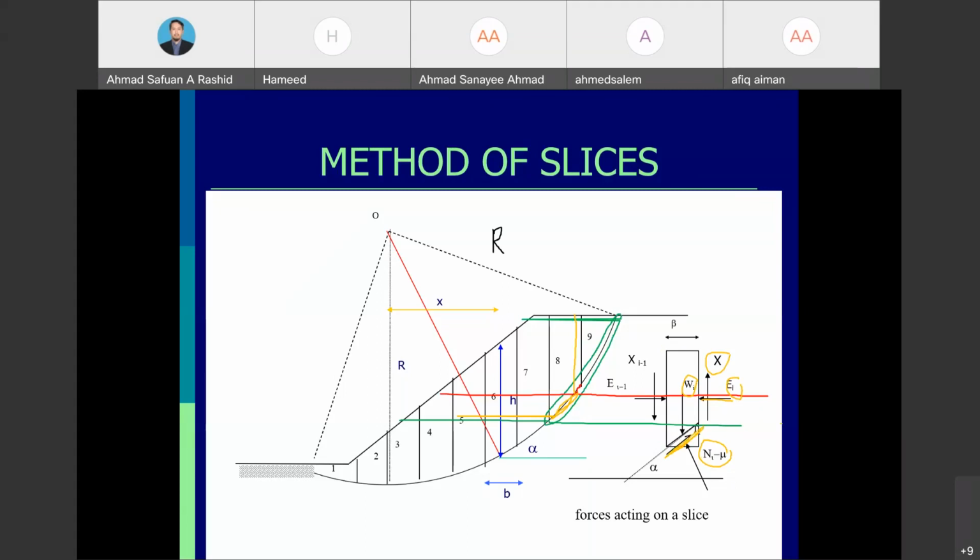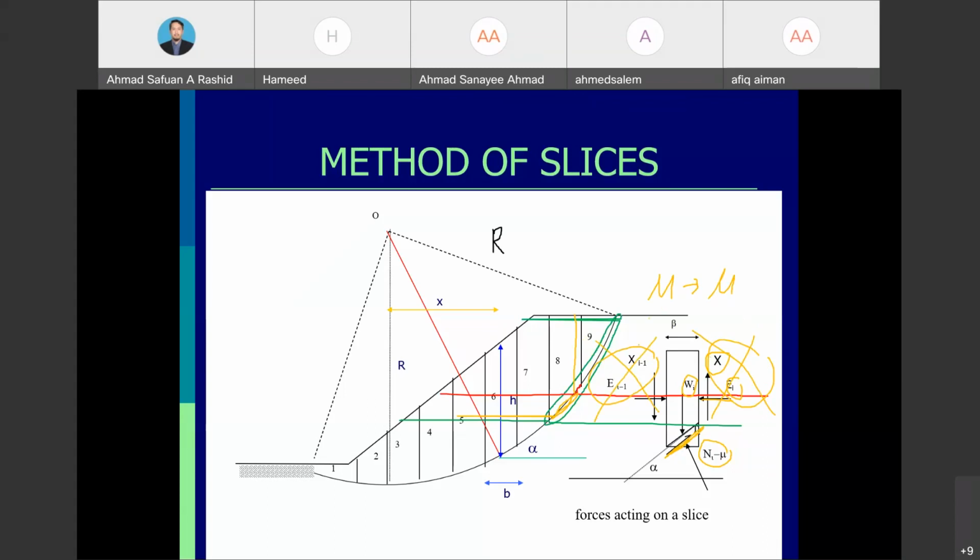Actually, for the basic derivation, we do not include the pore water pressure in the formula. Later on, Fellenius added what we call the pore water pressure. However, he assumed E and X are equal to 0, so it doesn't include E and X in the analysis.